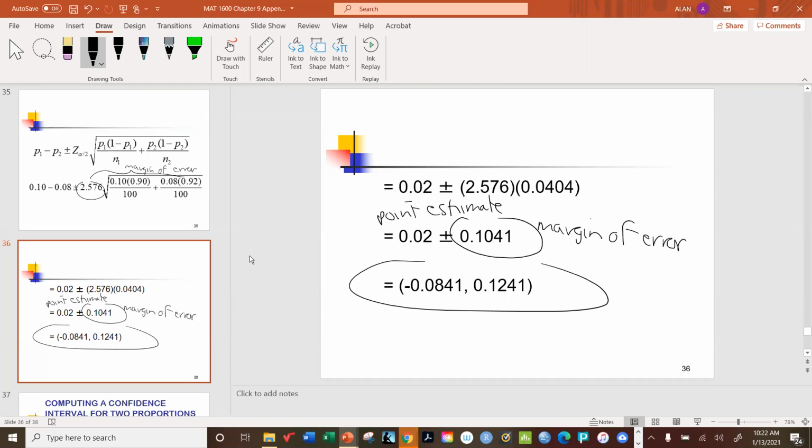Now, of course, as you can probably imagine, there is a shortcut we can use on our calculators. So if you go to the same menu we had before, which is stat tests, you'll find it. Now, again, remember, we're only going to use the standard normal or Z interval when we're dealing with proportions. So all you have to know is whether or not you're looking at one proportion or two.